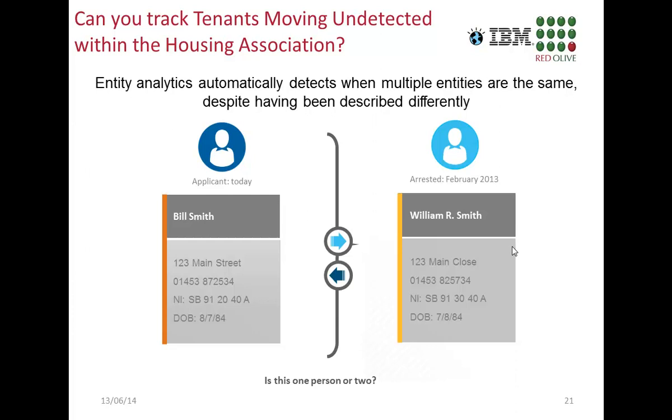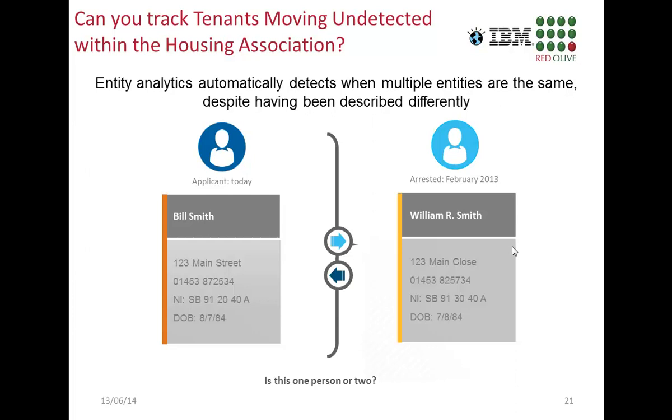So in this instance, as you can see, we've got Bill Smith and we've got William R. Smith. On the right, William was arrested in 2013. So this is more of an insurance or police looking record, but they both lived in 123 Main Close.